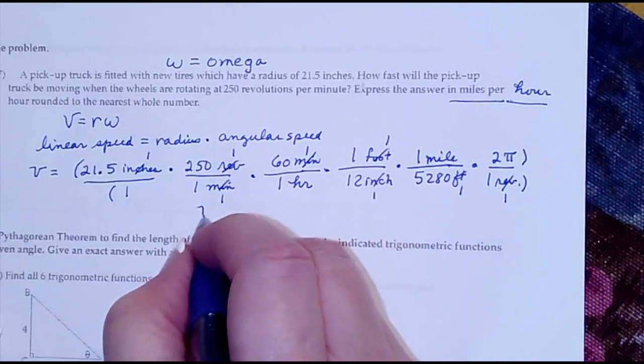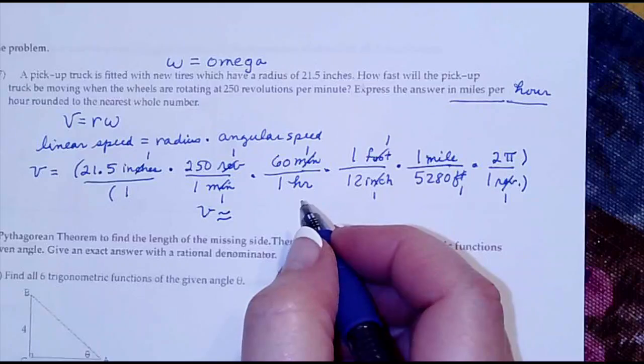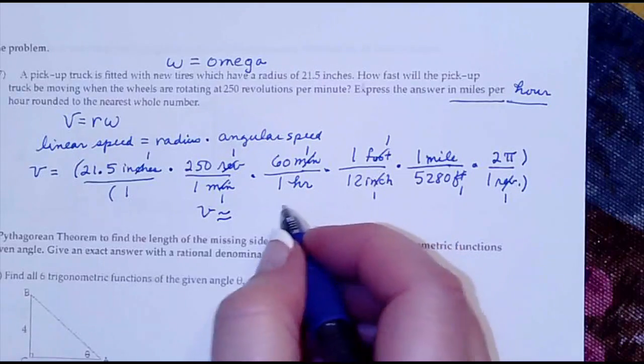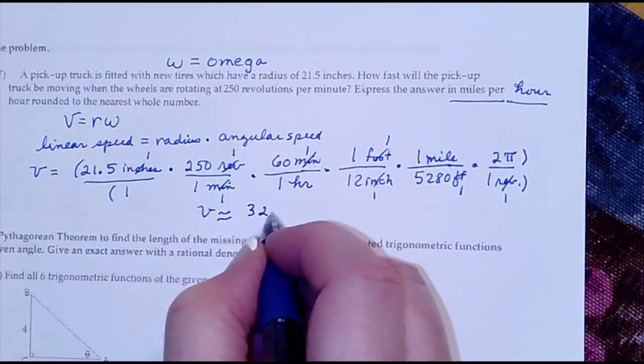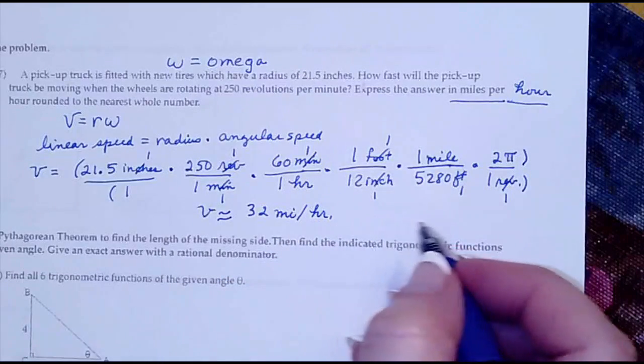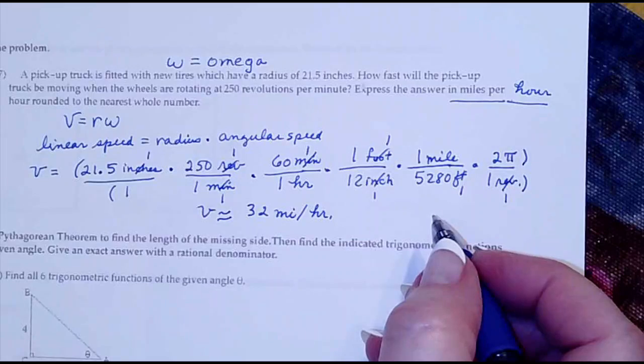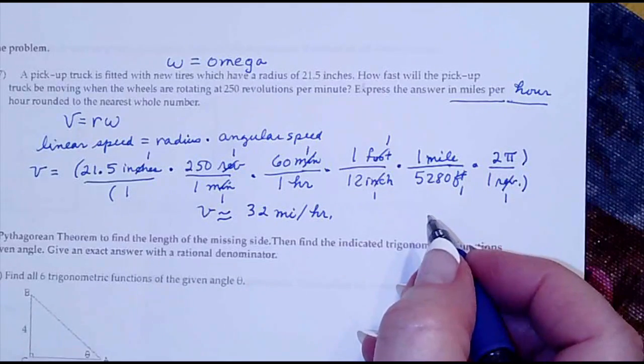So you should get your linear speed as approximately, and it says express your answer to the nearest whole number, so we should get 32 miles per hour. Does everybody agree with that?